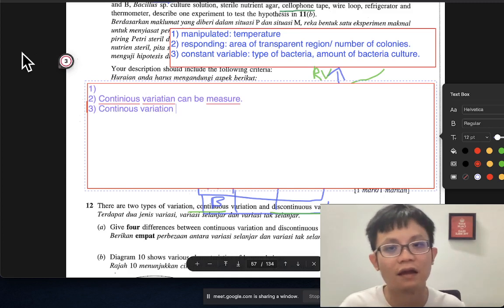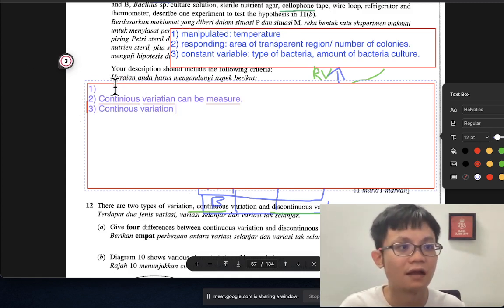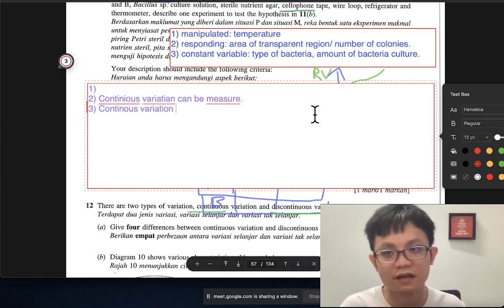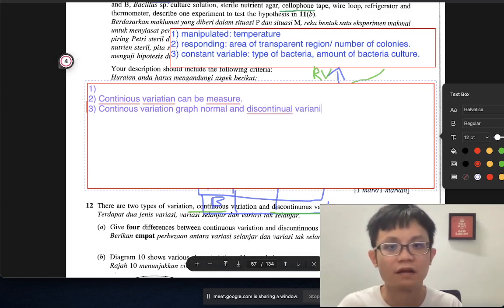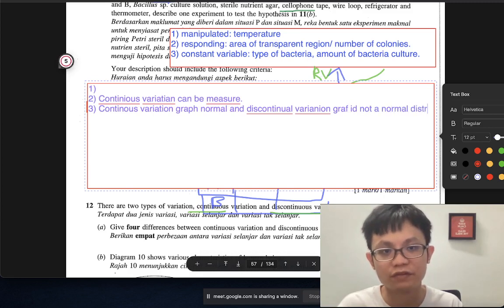Continuous variation: the graph is a histogram, and the graph is a normal distribution. Discontinuous variation: it's a bar chart, and the graph is not a normal distribution.